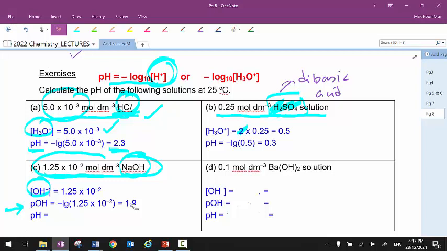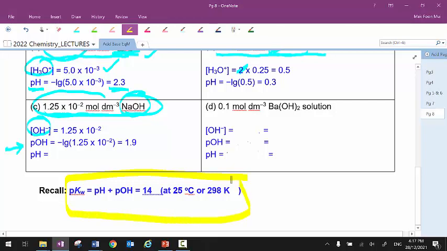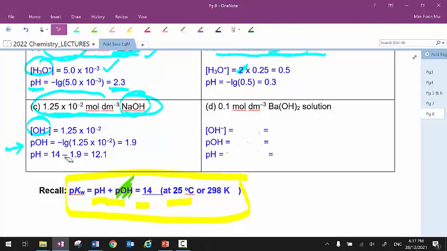You have to remember this very important relationship: pKw, which is equal to pH plus pOH, is equal to 14 at 25 degrees. So if we know the pOH value, we can find the pH value. The pH will be equal to 14 minus pOH, which is equal to 12.1.